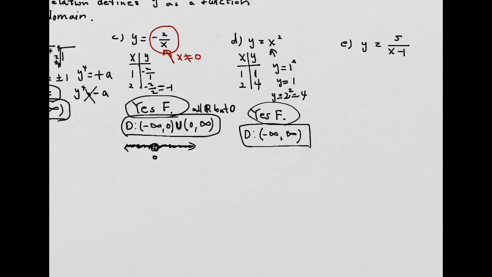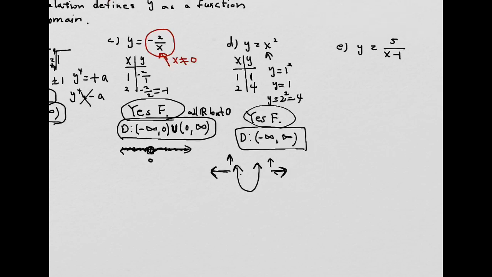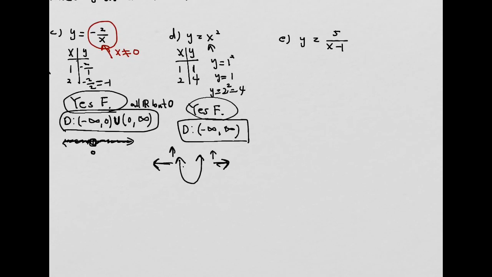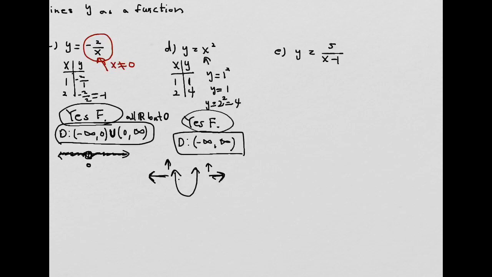Or if we know the shape of the graph, let's say a parabola is the graph for the quadratic. The arrows are not only going up and moving right, but going up and moving left. So left to right arrows means negative infinity to positive infinity domain. So that's the reason you have negative infinity to positive infinity domain.